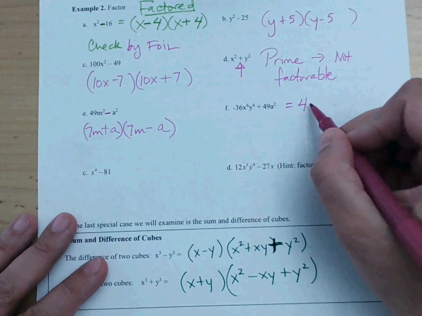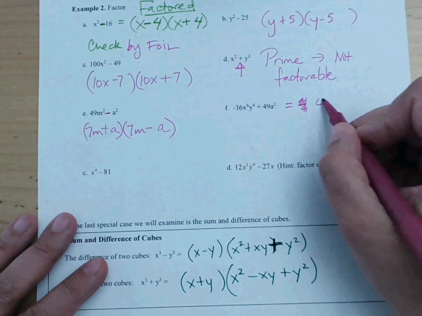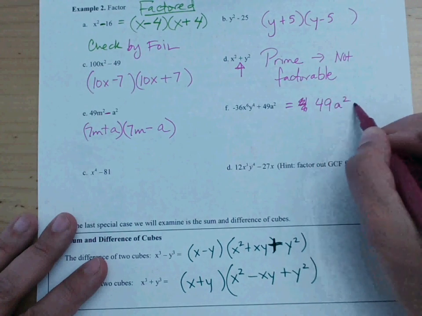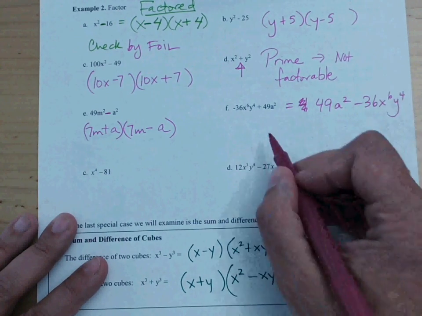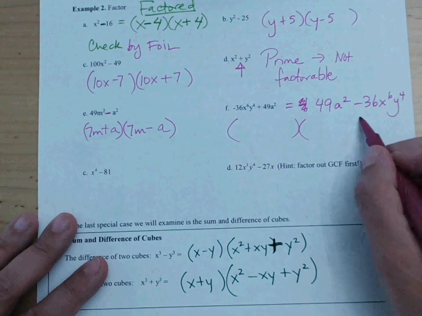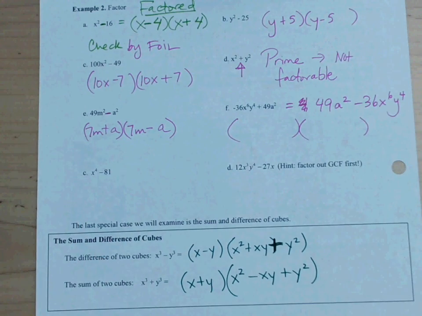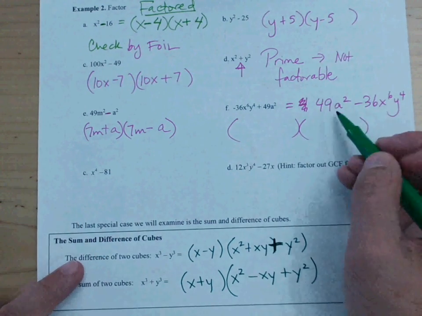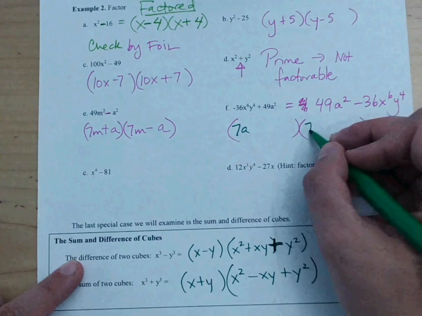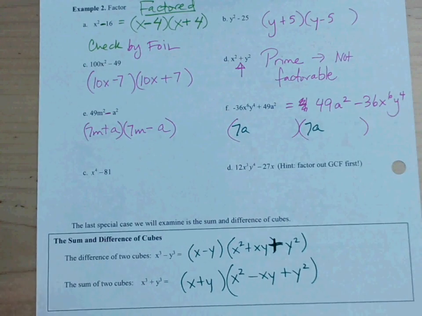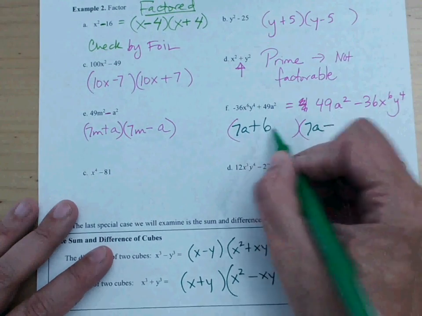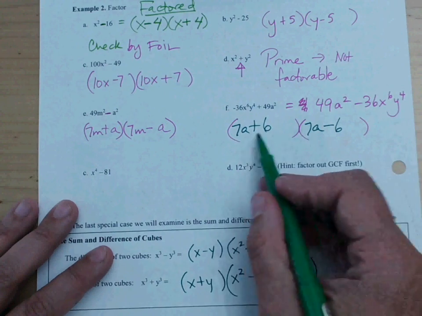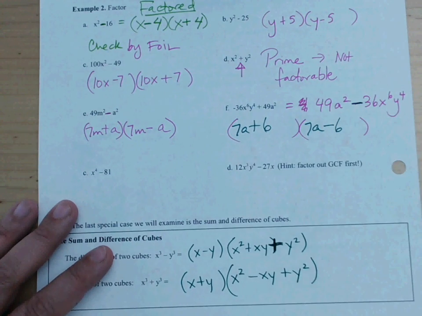Okay. Does everybody see where we're getting 7a? Right? Positive and negative gives us the negative sign.